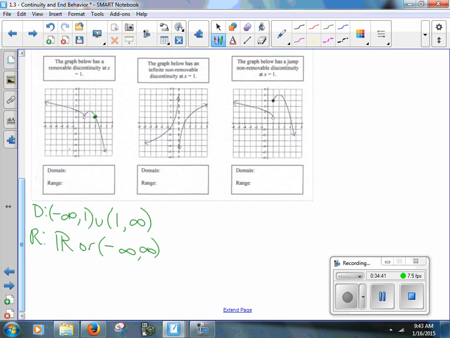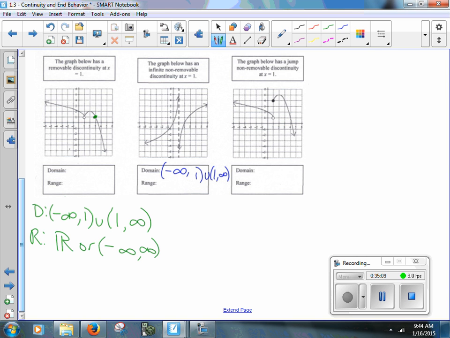Hannah, what'd you get for the next one? What'd you get for the domain? Negative infinity, 1, union 1, positive infinity. Agree? Yeah?